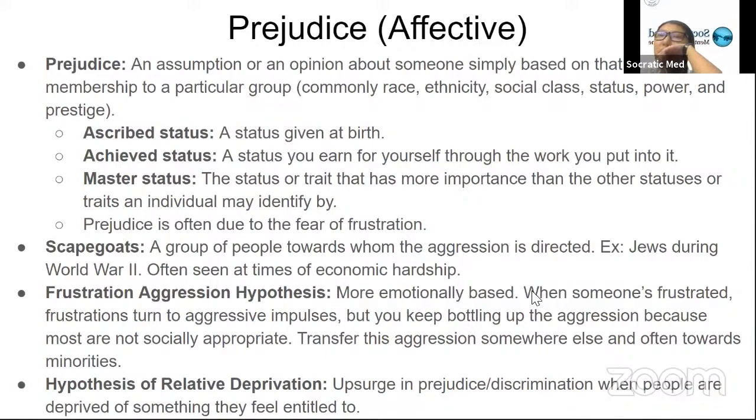And when someone's frustrated, it tends to turn into aggressive impulses. But the hypothesis is that when you bottle all of this up, they transfer the aggression somewhere else, and often towards acting out to minorities because their original ideas of what they would do are not socially appropriate.